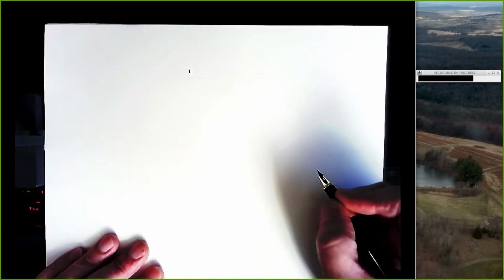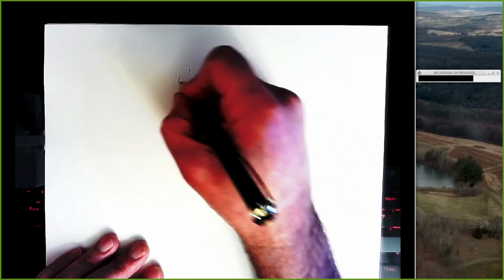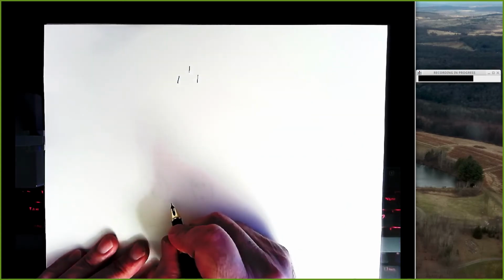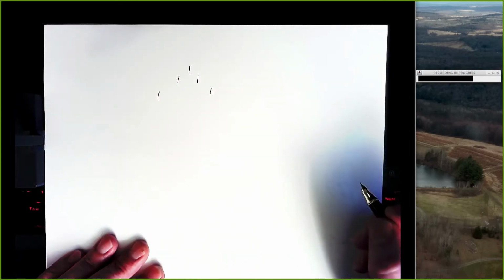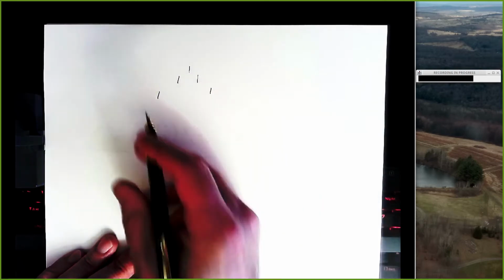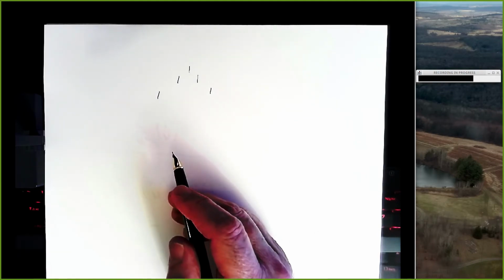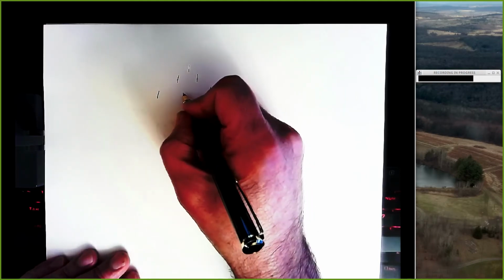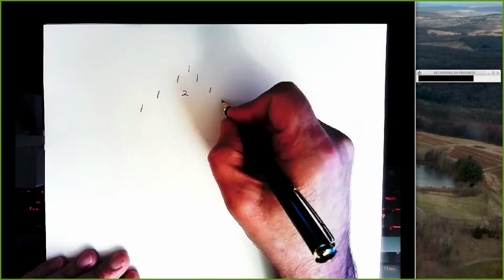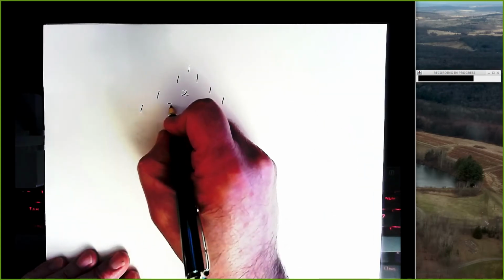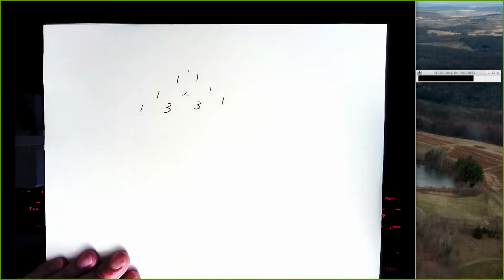Start with the number 1, and then right below it, write a pair of 1s. And each row of this triangle is going to begin and end with a 1. That's one of our rules. But each spot in the middle is going to be the sum of the two things above it. So 1 plus 1 is 2. Alright, next row I'm going to write a 1 on each end. 1 plus 2 is 3, 2 plus 1 is 3.